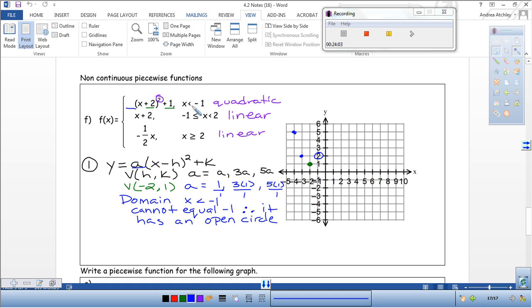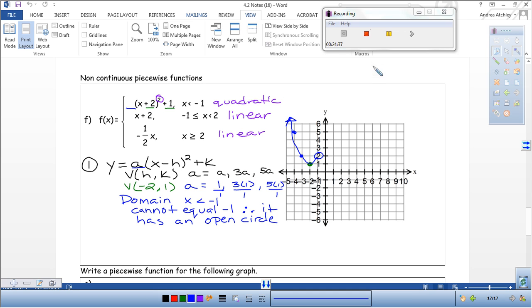Then, can it go to negative 5? Is negative 5 less than negative 1? Yeah, it is. Can it go to negative 6? Negative 7? Okay, it can go negative forever, so we can just draw this part of it, and it has an arrow that tells it it's going on forever. Let me try and hit that dot.